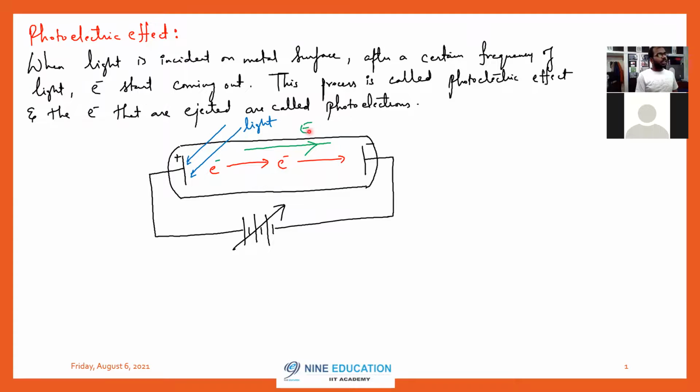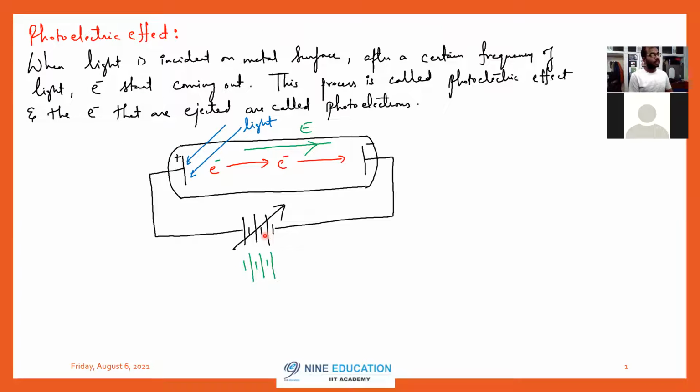Okay, so this electric field tries to oppose if the connection is like this. If the connection is the opposite way, if this is negative and this is the positive terminal of the battery, at that time the electric field is established in the opposite direction to that specified here.